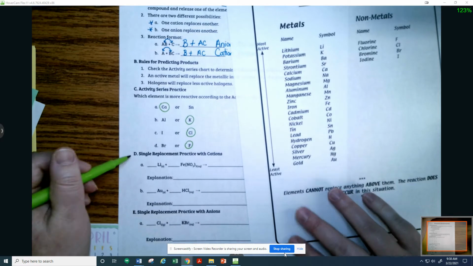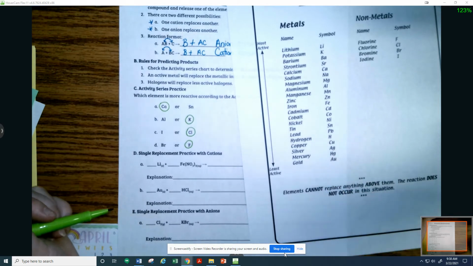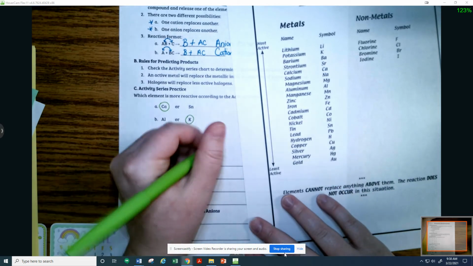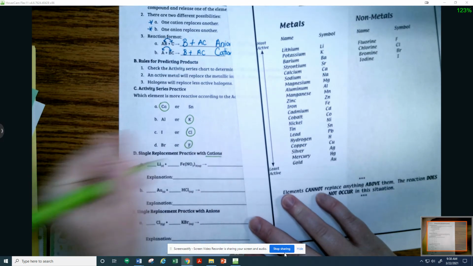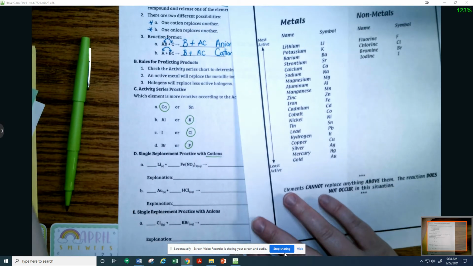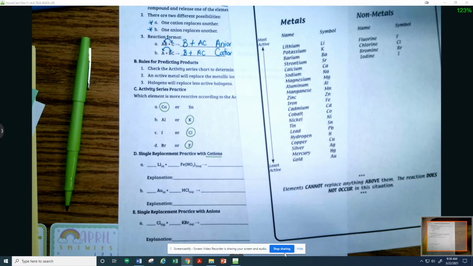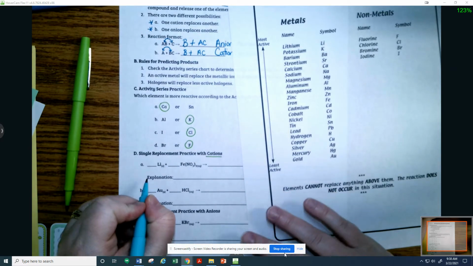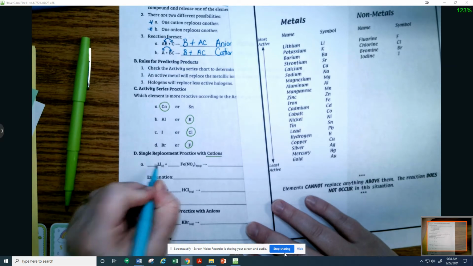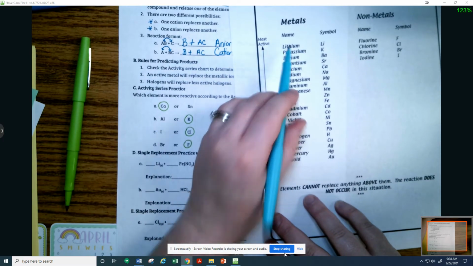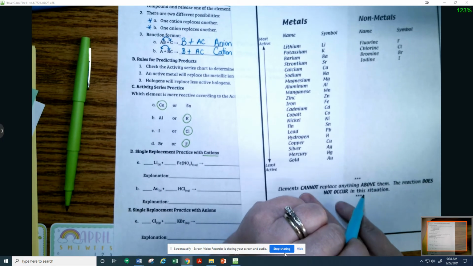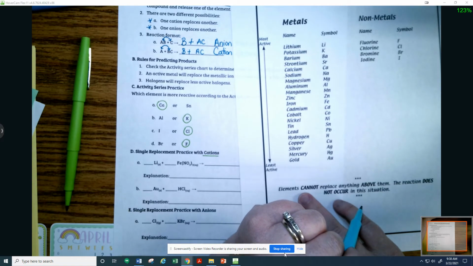So I broke these down into two sets of examples. This first one in section D is looking just at cations. So what do we do in a single replacement reaction when we're working with a cation? The first thing I would do is look at lithium. Lithium, I can see, is on the left-hand side here. So lithium is only going to try to replace another cation because it is a metal.